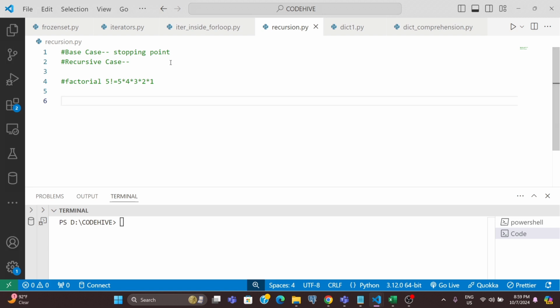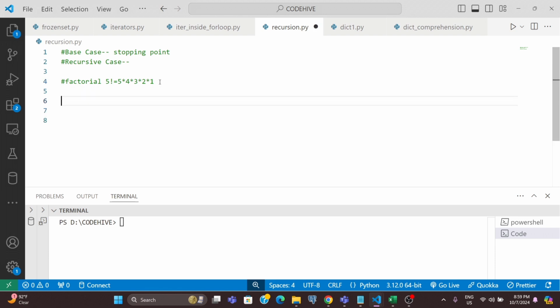So until 1, I need to multiply all the numbers, subtracting 1 each time. So that is the working of factorial.